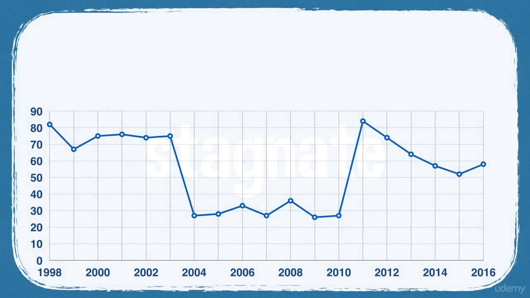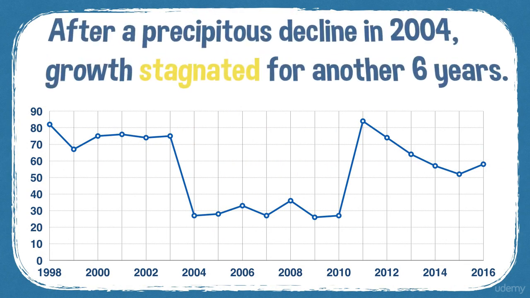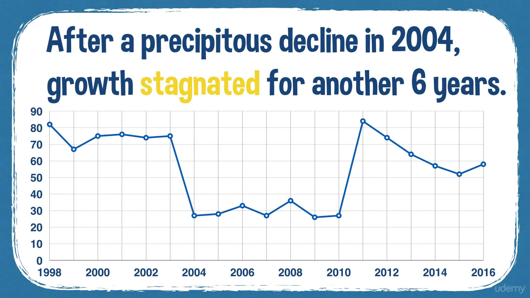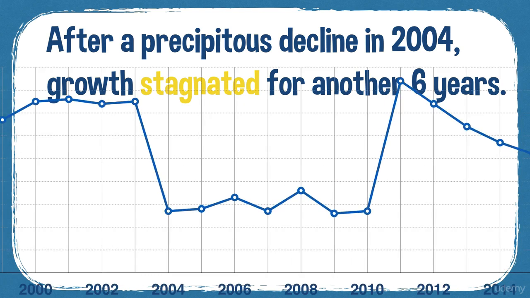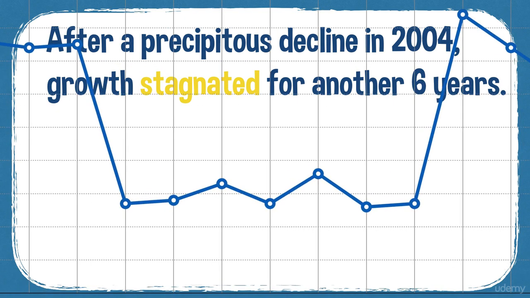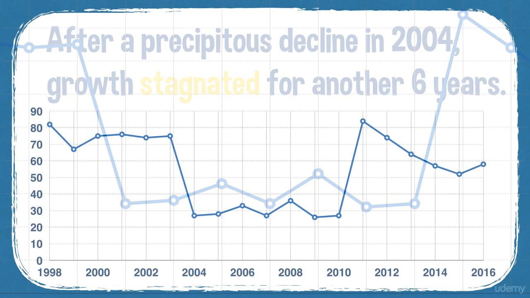So if this graph were about growth, we could say the sentence, after a precipitous decline in 2004, growth stagnated. For another 6 years, there was no growth in this period. It was stagnating.